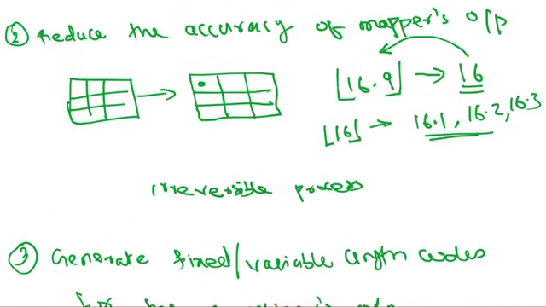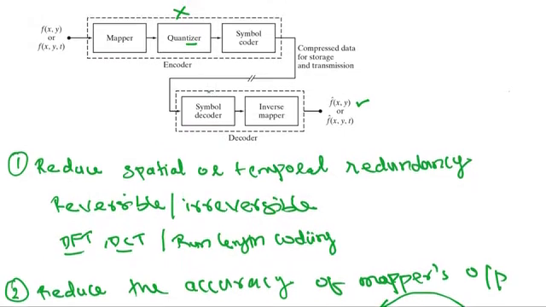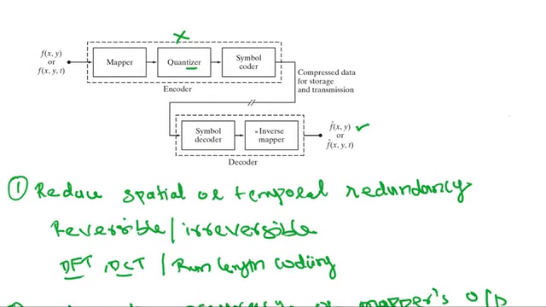Now we will look at the different processes involved in the symbol decoder and inverse mapper. The purpose of the symbol decoder is to reverse what the symbol coder has done, and the purpose of the inverse mapper is to reverse what the mapper has already done. And we cannot reverse the operation of the quantizer, because that is an irreversible process.